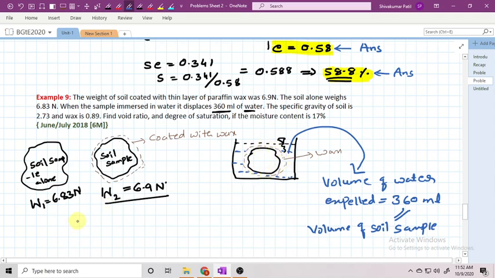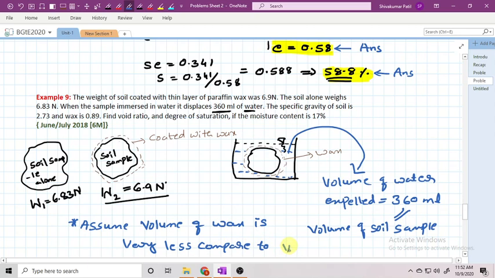One assumption here: assume the volume of wax is very small compared to the volume of the soil sample.